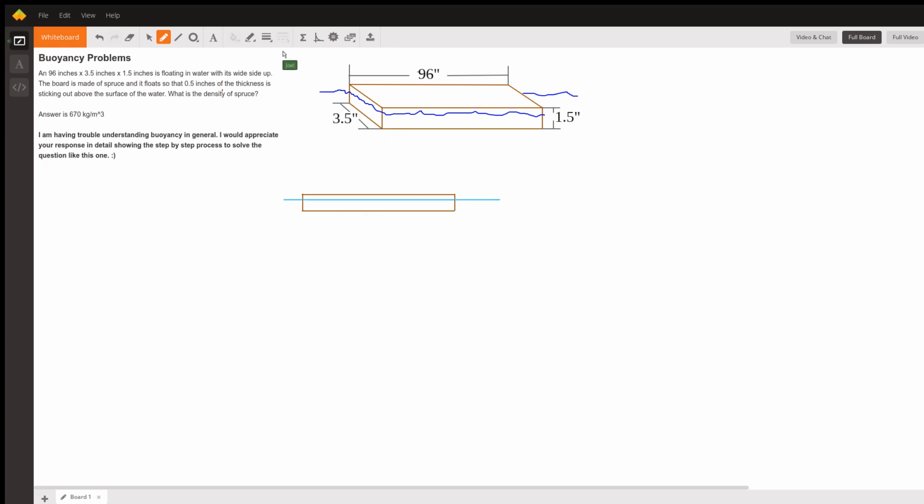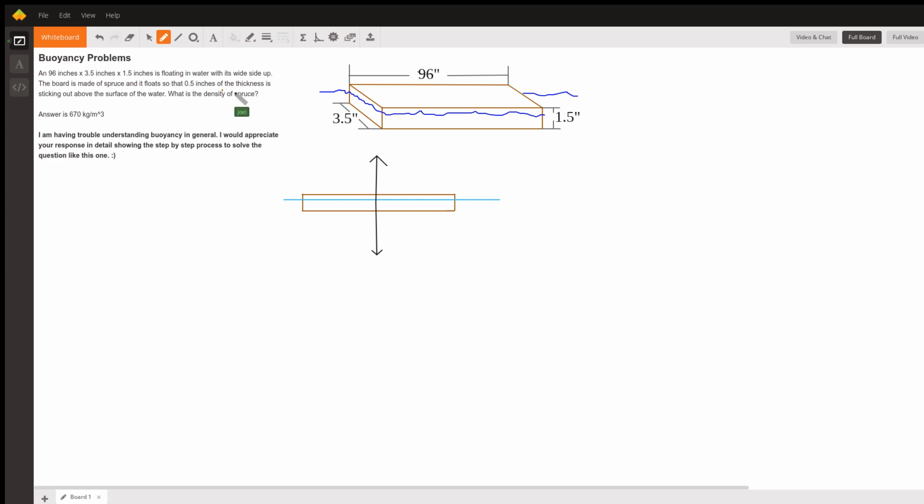And then I would think about what forces are actually acting on this board. So there is the force of gravity pointed down. And because this system is in equilibrium, that is, it's not accelerating upward, downward, or sideways, then there must be an equal and opposite force acting on it to keep it in equilibrium.